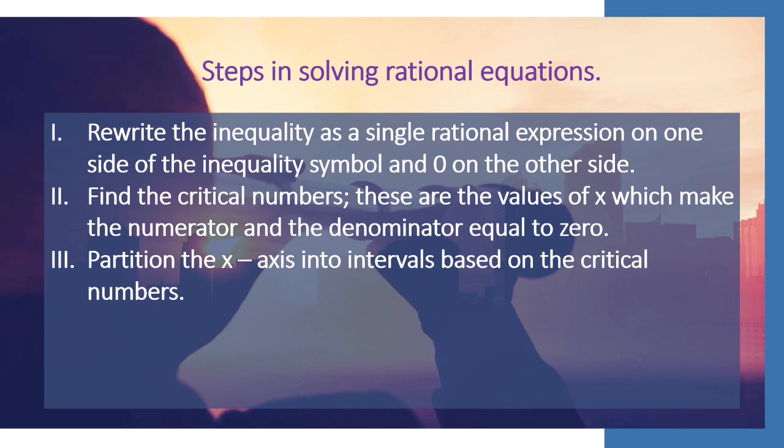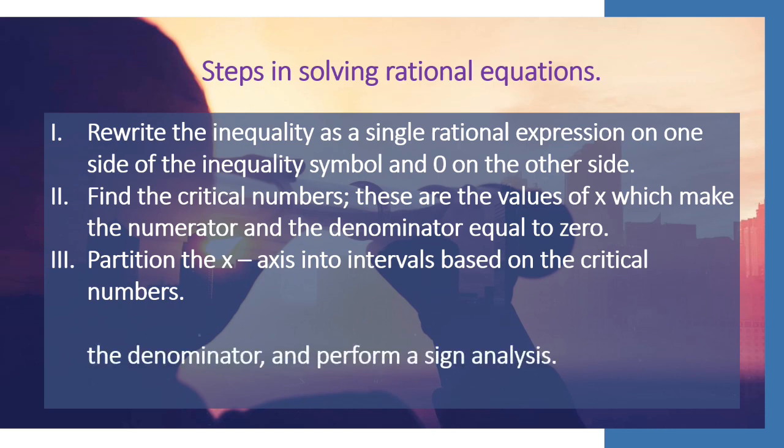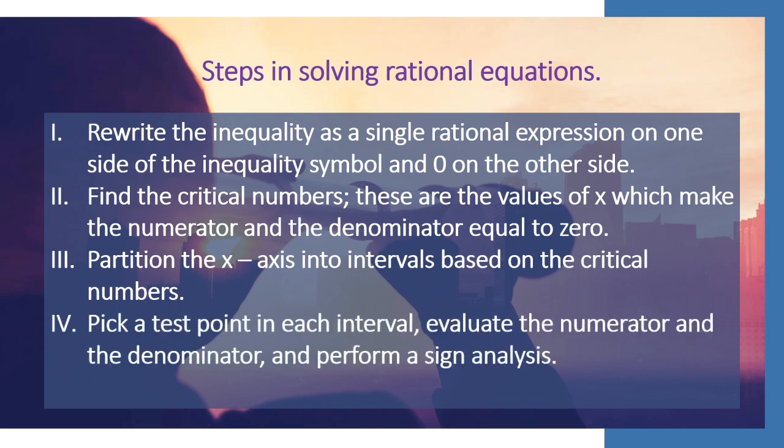Third, partition the x-axis into intervals based on the critical numbers. Then, pick a test point in each interval. Evaluate the numerator and the denominator and perform a sign analysis. And the last one, of course, write the solution set.